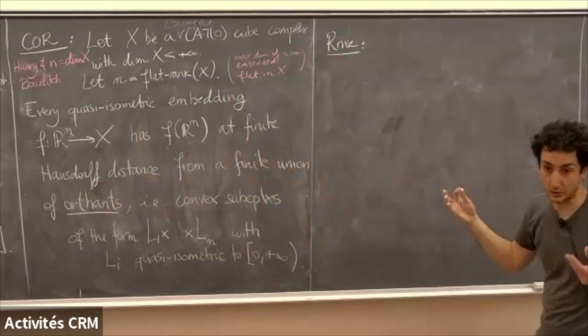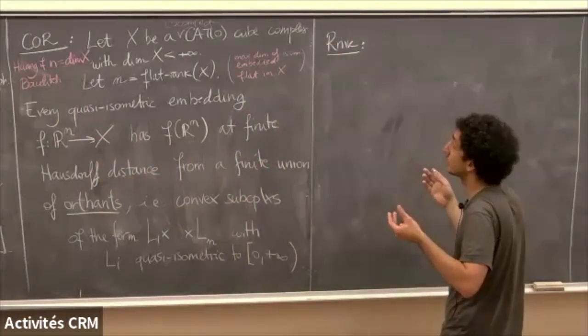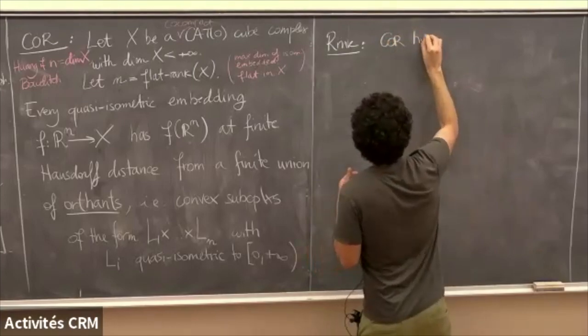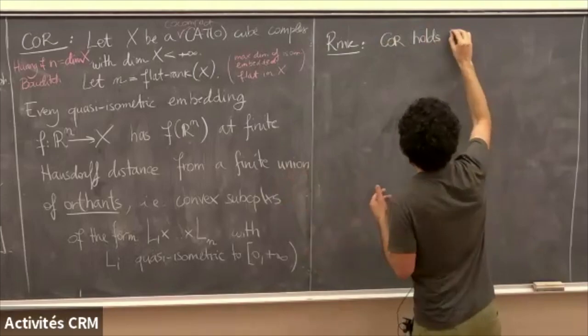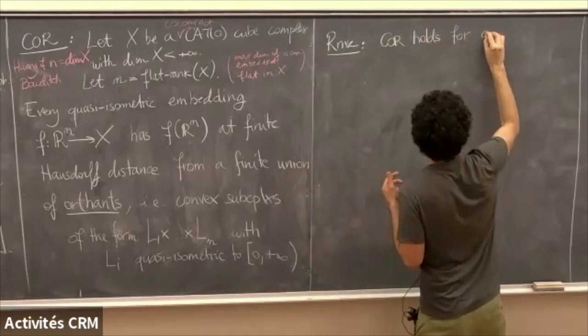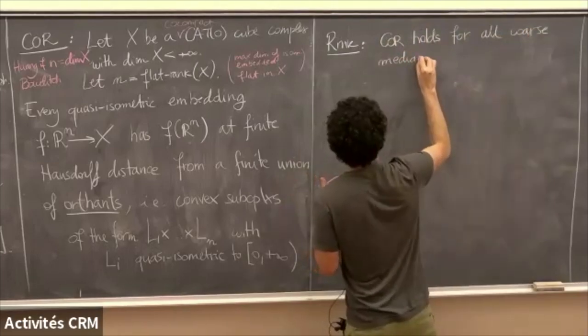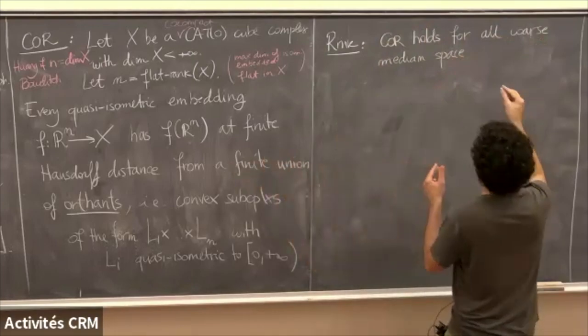And I mentioned that there's a lot of groups that do this. So, for instance, for coarse median groups the corollary holds, with a very similar statement for all coarse median spaces. If you know what they are, good. Otherwise, it's okay. I mean, this is a cube complex conference, so.